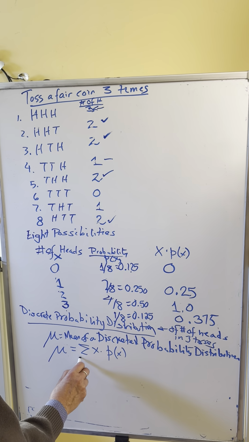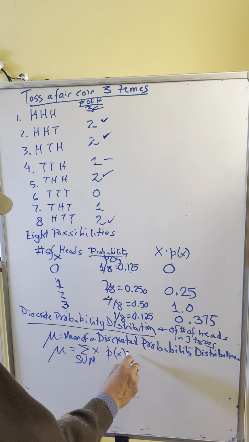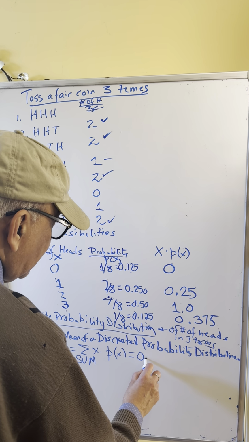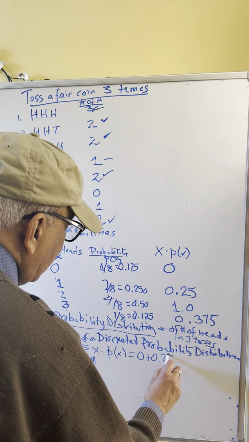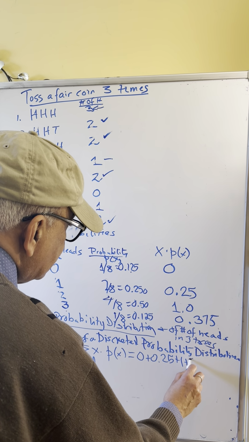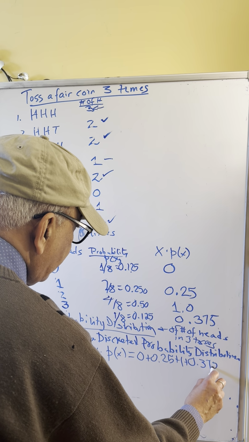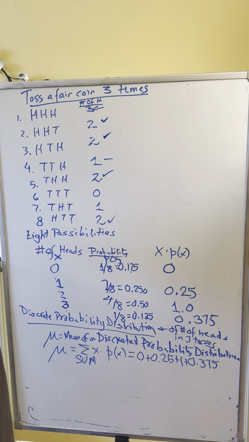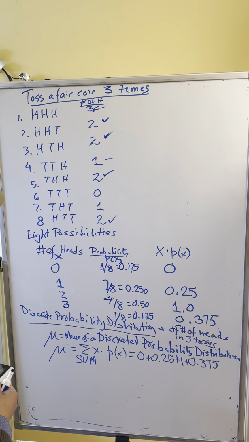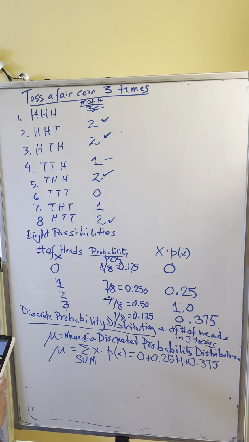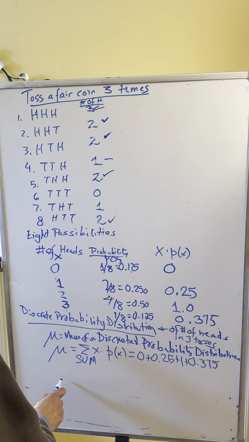Again, this is sigma, that means sum, Greek capital S. So it is 0 plus 0.25 plus 1 plus 0.375, and that is equal to 1.625.